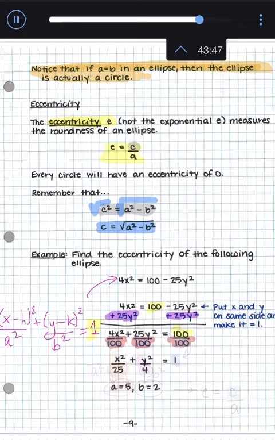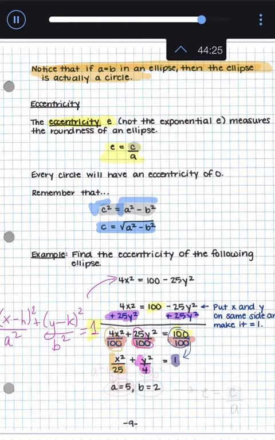Then notice on the right-hand side, the 100 divided by 100 will get you 1. That is wonderful. We have to see what happens with everything else, though. On everything else, you just have to reduce. So for instance, you'd look at the 4 over 100 and reduce that like a normal fraction, and it reduces to 1 over 25. The second fraction is 25 over 100, which reduces to 1/4.